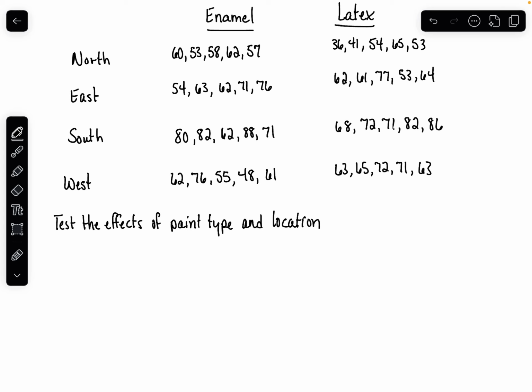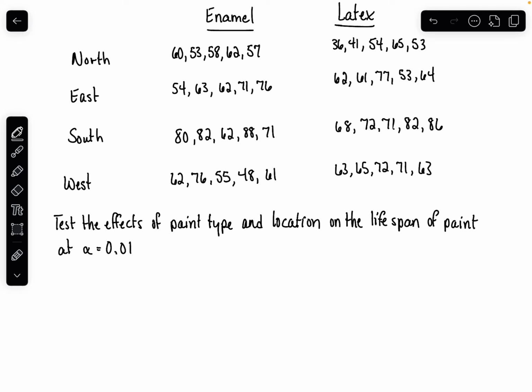So we're going to test the effects of paint type and location on the lifespan of the paint. And we're going to do so at alpha equals 0.01.